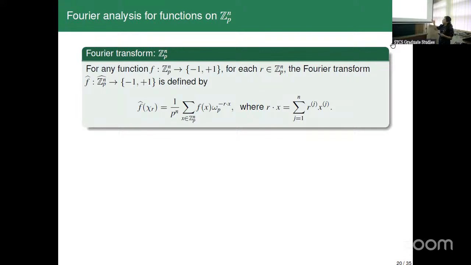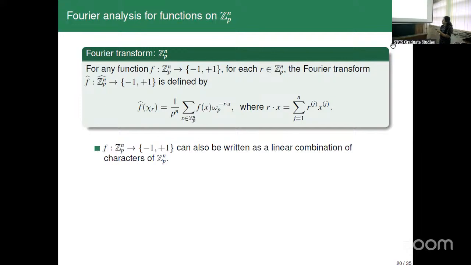This is how a Fourier transform is defined in case of Z_p^n. So the Fourier transform, f hat at chi r, is equal to 1 by p to the power n, summation over x of f(x) omega p to the power minus r dot x. R dot x is again the sum of the component-wise product of r and x. So here also a function can be written as a linear combination of the characters of Z_p^n.